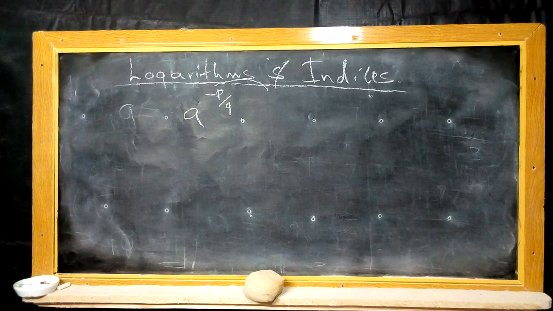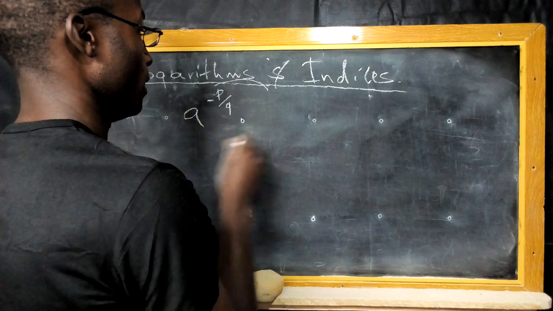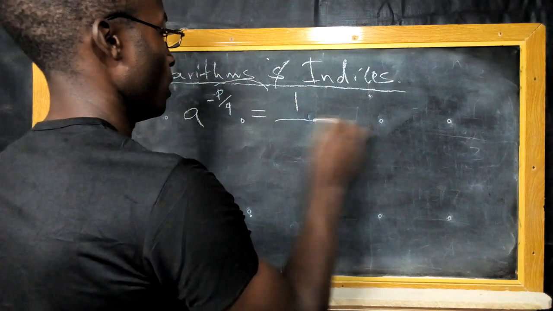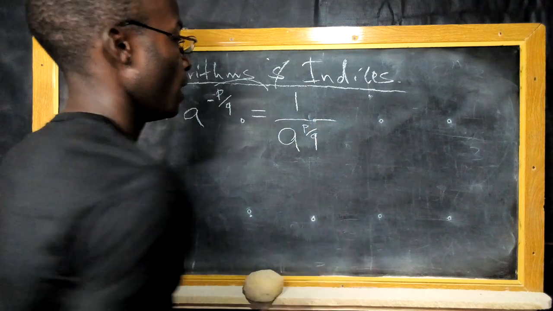As you can see, it's a negative power, so we can write this as 1 over a raised to p over q.